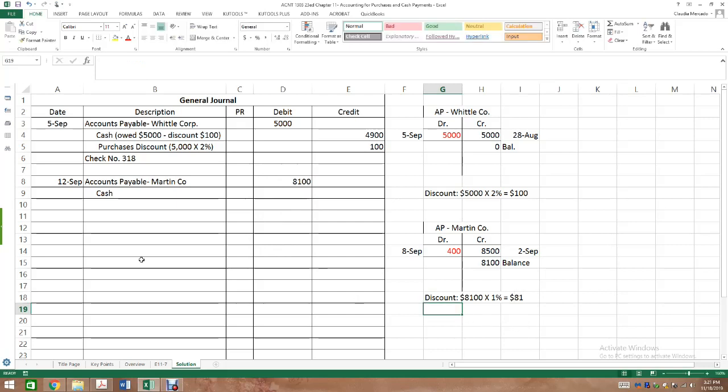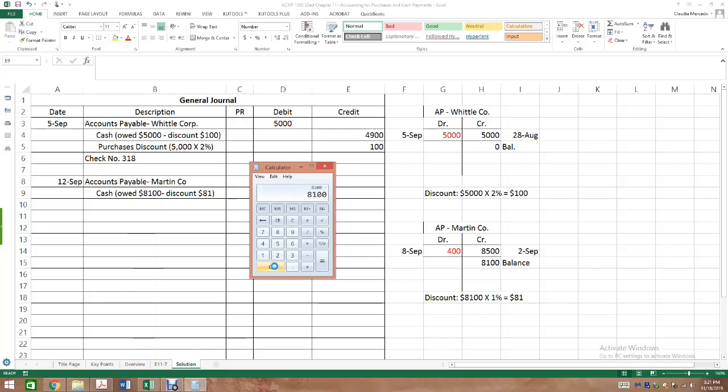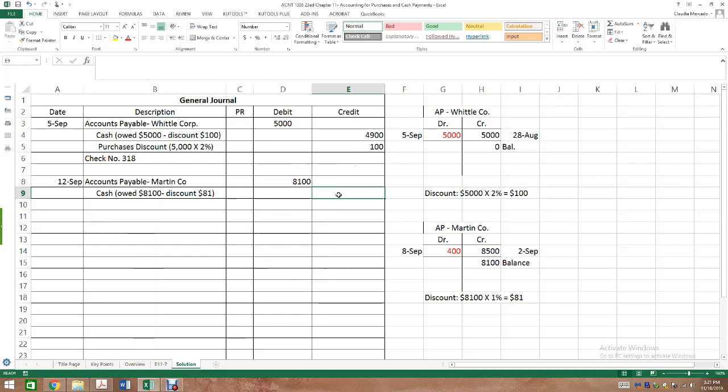Okay, so that means that I'm going to pay cash. I owed $8,100 minus the discount of $81. So that means I am going to pay cash of 8,100 minus 81, 8,019.